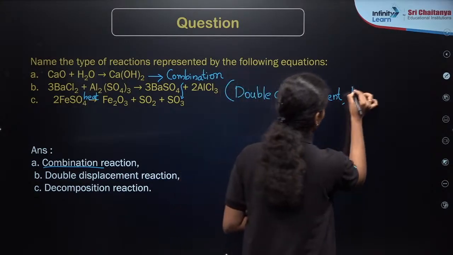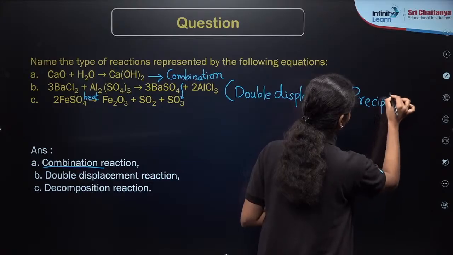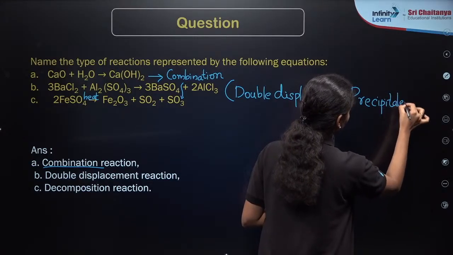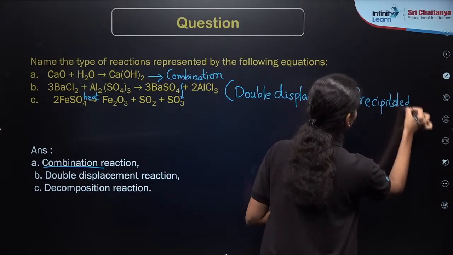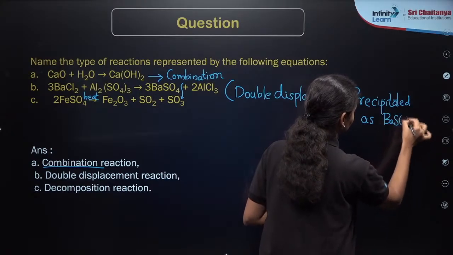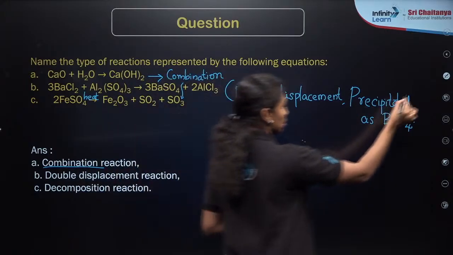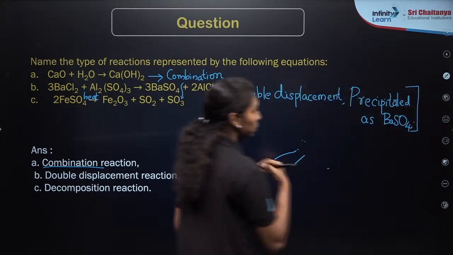That is precipitation. Barium sulfate is precipitated. So this is again a precipitation reaction or the double displacement reaction.